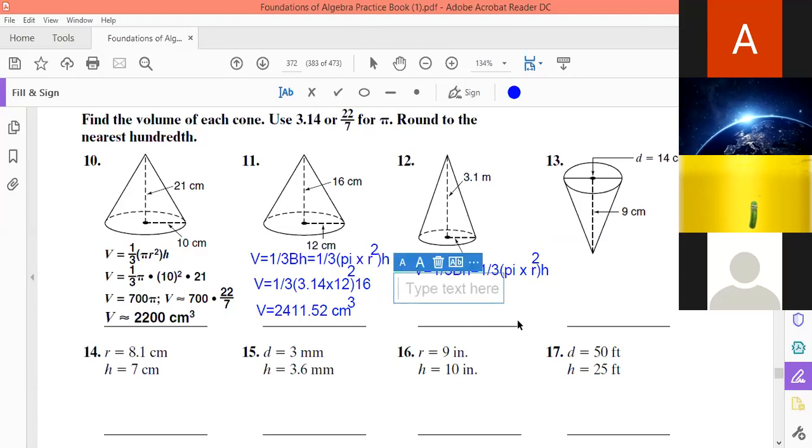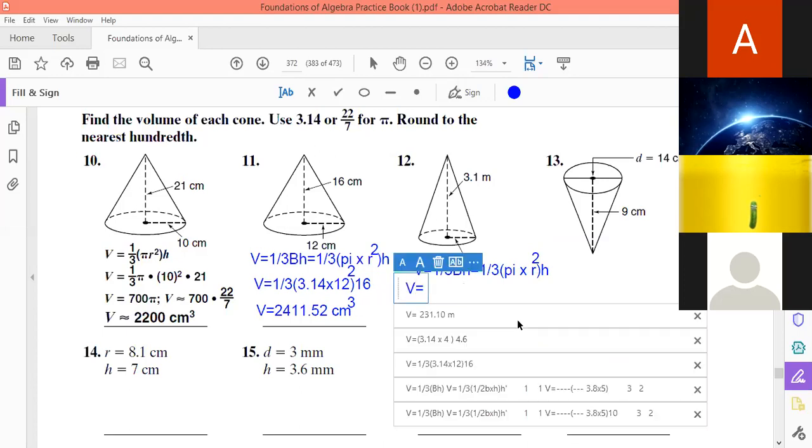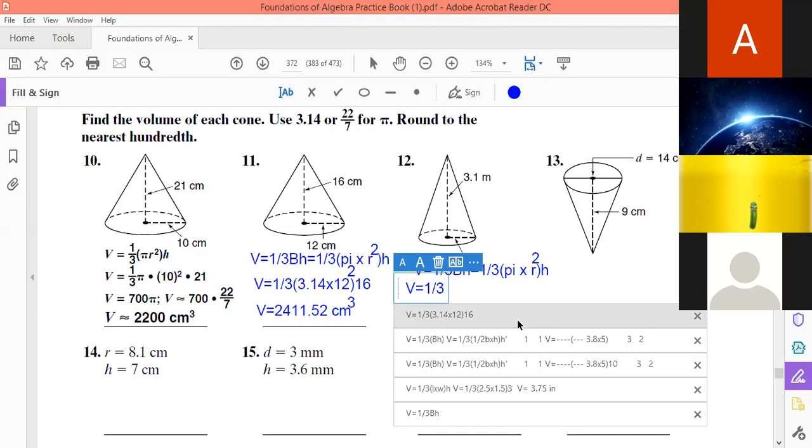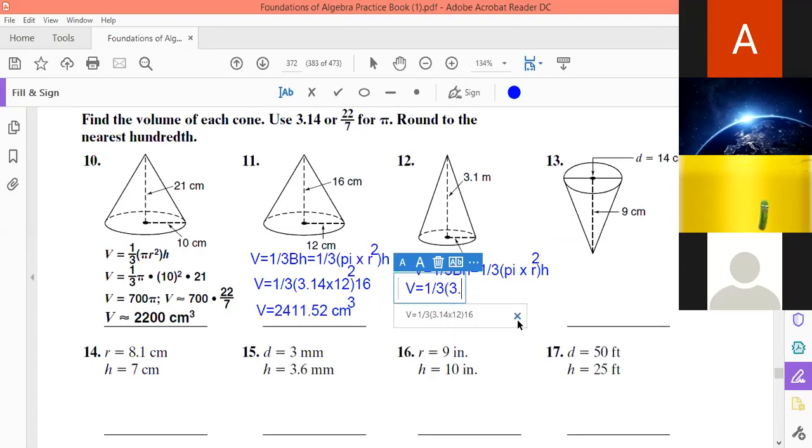Now tell me, V equals 1 over 3 into, now tell me the value of pi, because after 1 over 3 we have pi. 3.14, very good. And then times radius r, 0.7.